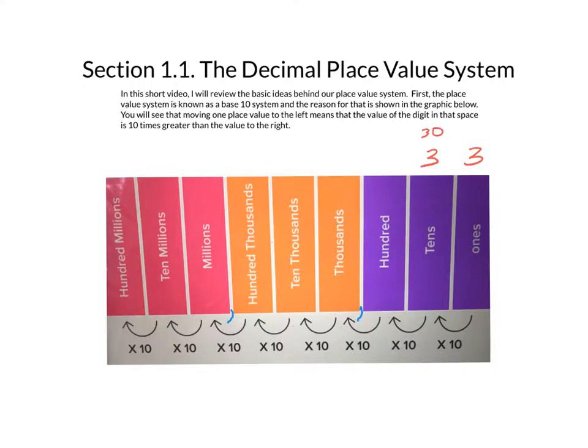The 3 in the hundreds place is actually worth 300, which is 10 times greater than the 30 that is in the tens place. This idea continues all the way down the line, which is once again why we call our place value system a base 10 system.